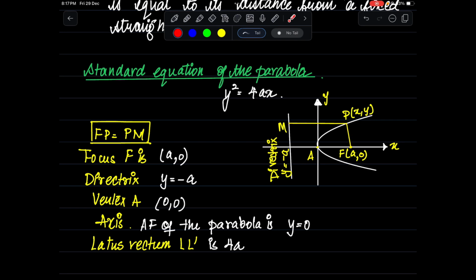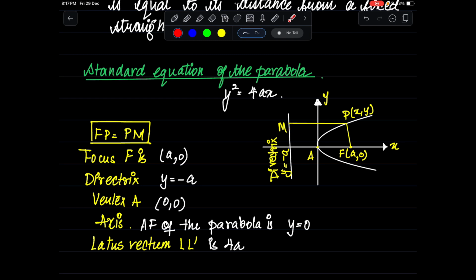Every parabola will have a directrix and a focus, and when you join it, it should be perpendicular on this line.